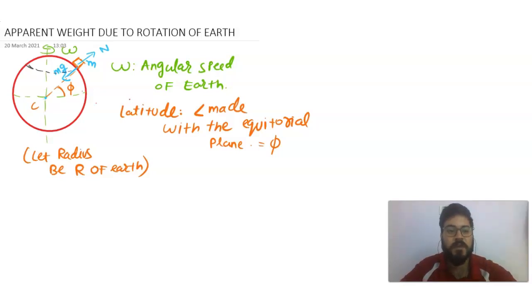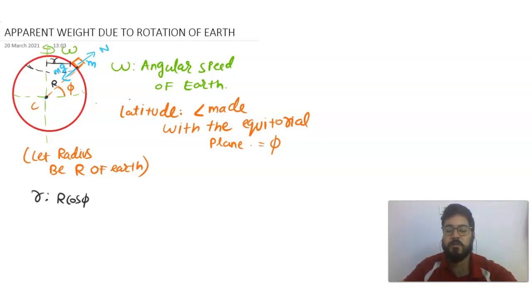Carefully see. If this length you assume as r, then what is this length from here to here? This length, let us call it R. R is going to be equal to r cos of phi. From the triangle you can see.